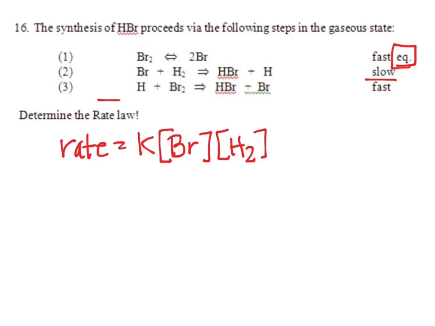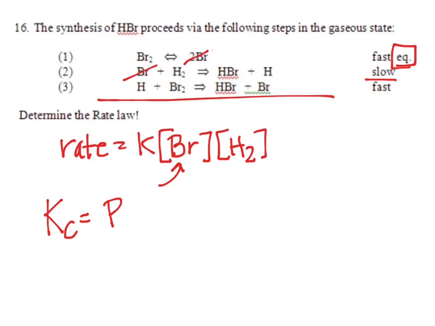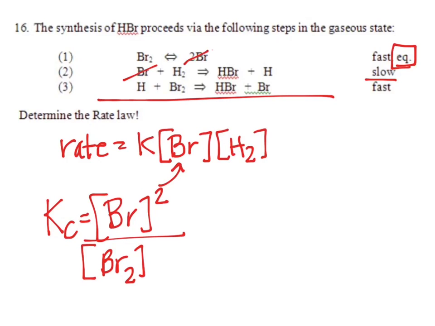So let me see who I need to substitute for. So it looks like I am substituting for Br. So Kc is equal to the concentration of Br squared over my reactants, which is Br2. And I have to get this solved so that I can substitute in for Br.